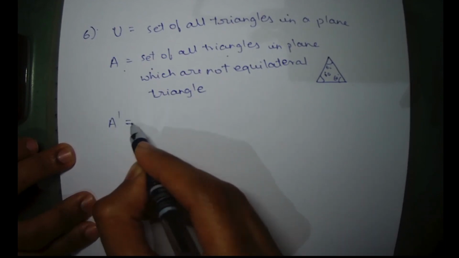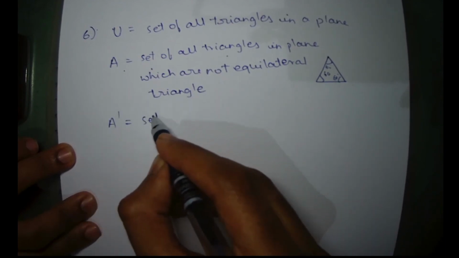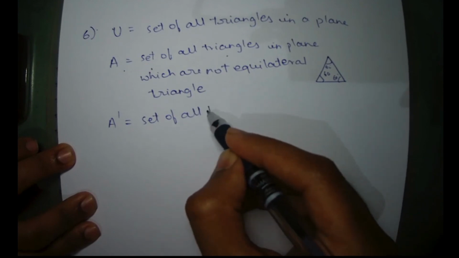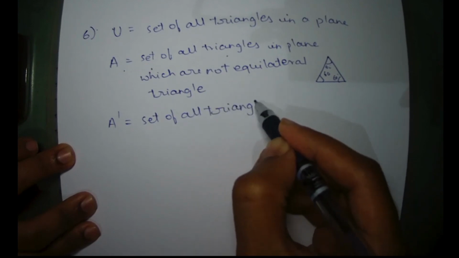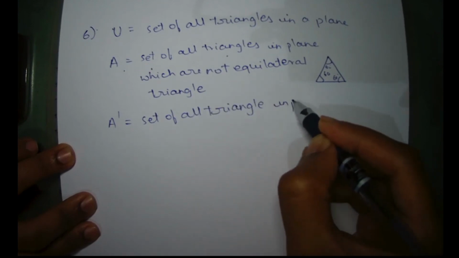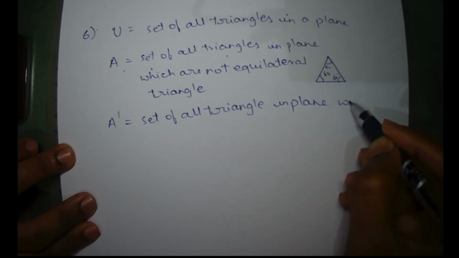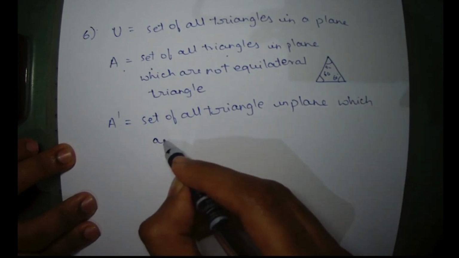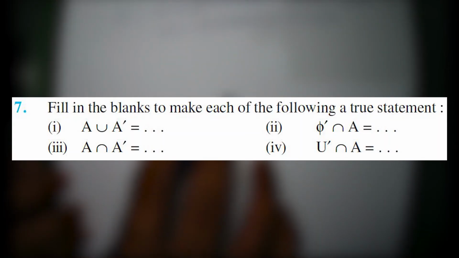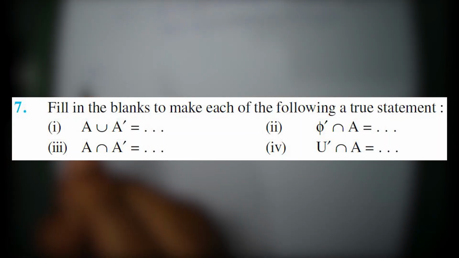So from this we can see that A dash is nothing but the set of all triangles in the plane which are equilateral triangles.